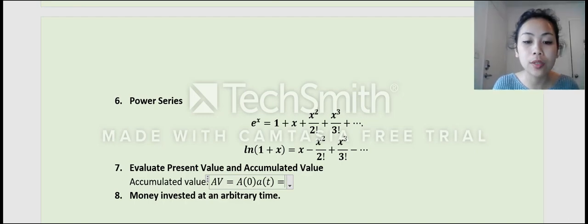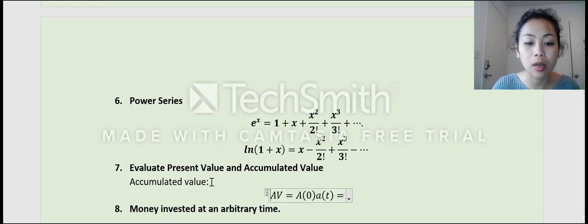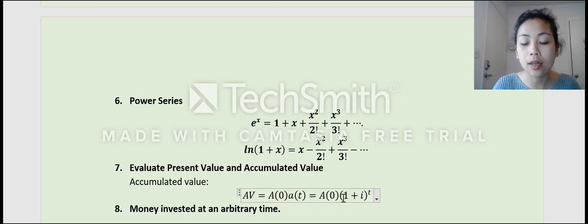If you are using the effective rate of interest, this is equal to A0 times 1 plus i to the t. If you use the effective rate of discount, that becomes A0 times 1 minus d to the negative t.